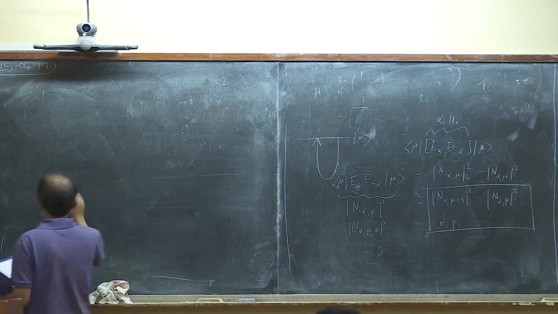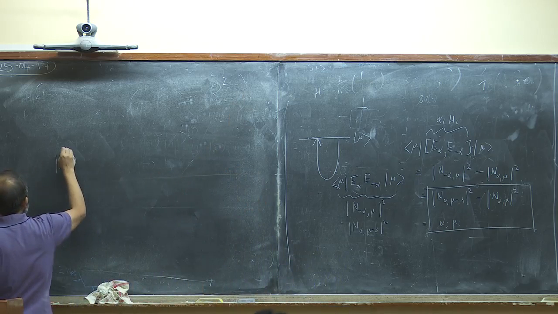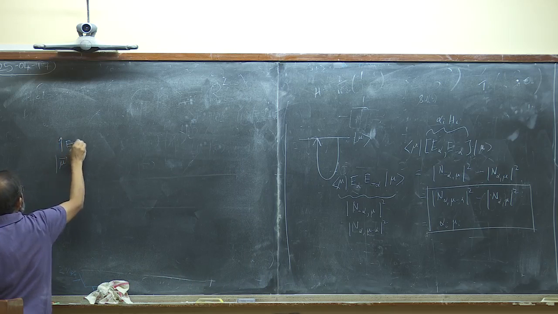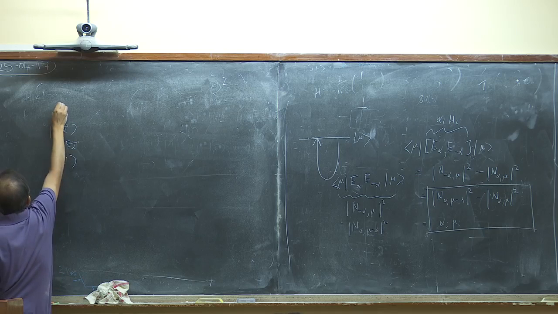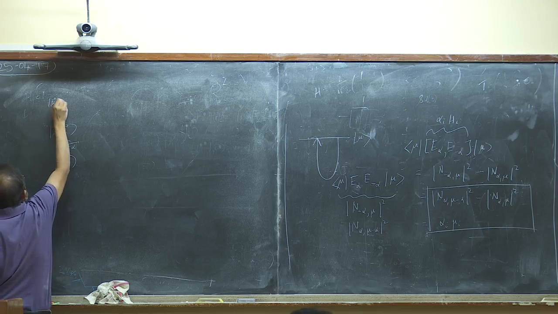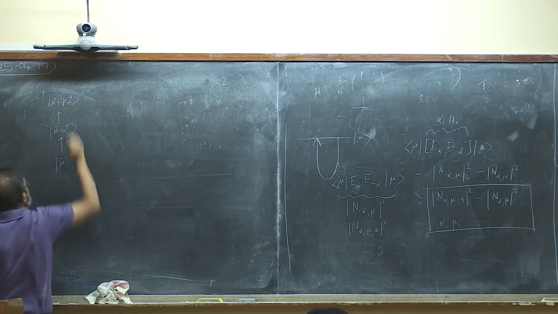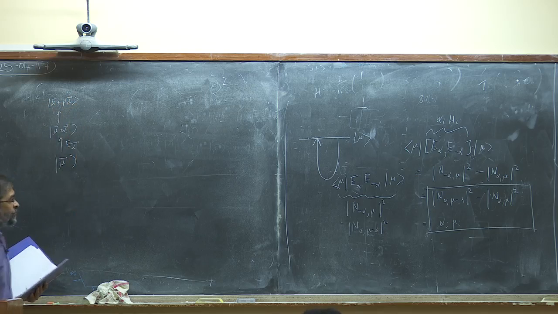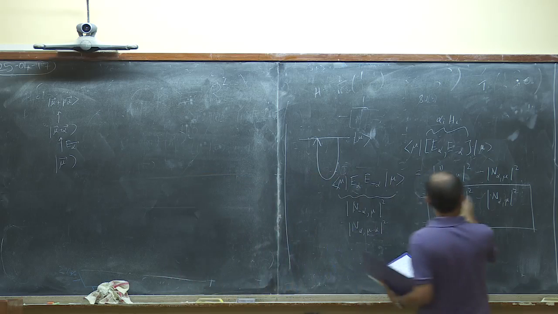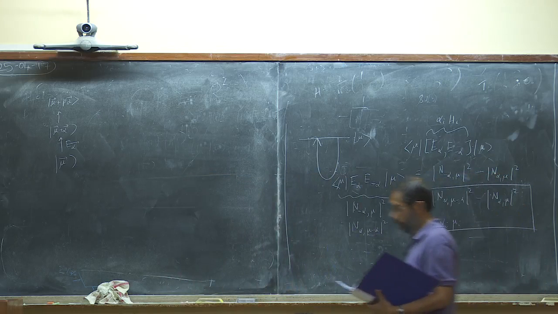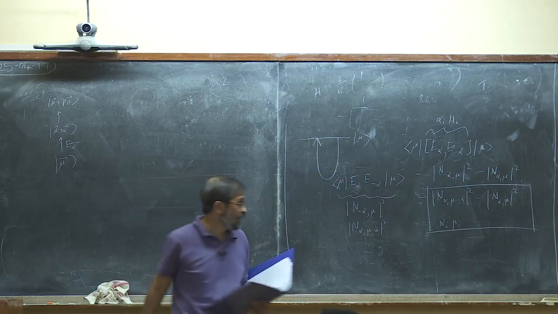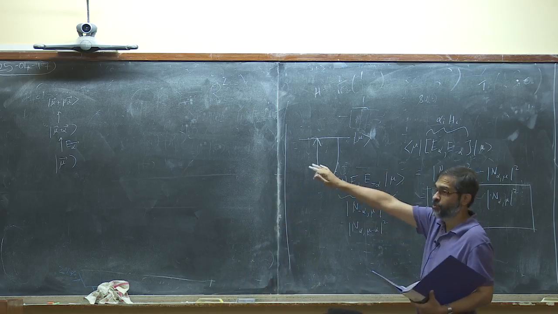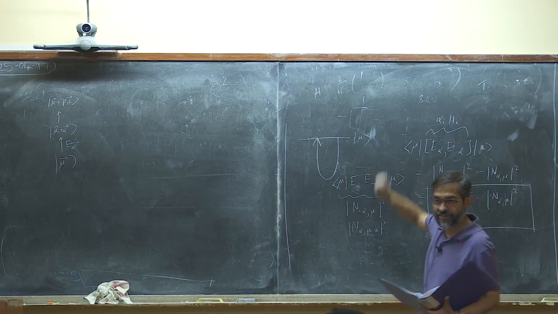So start from μ, apply E_α, get μ plus α, etc., till it hits the maximum, μ plus pα. I am going to use this at each of these levels: at the level μ, then μ plus α, μ plus 2α, etc.